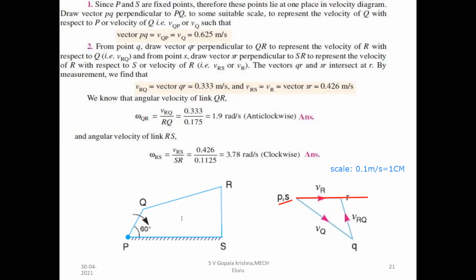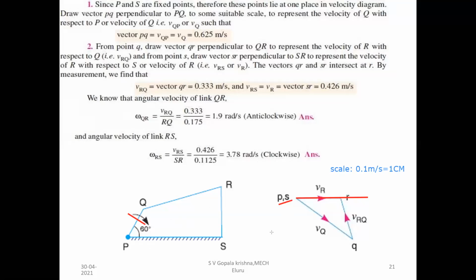Later, take the direction perpendicular to QP.